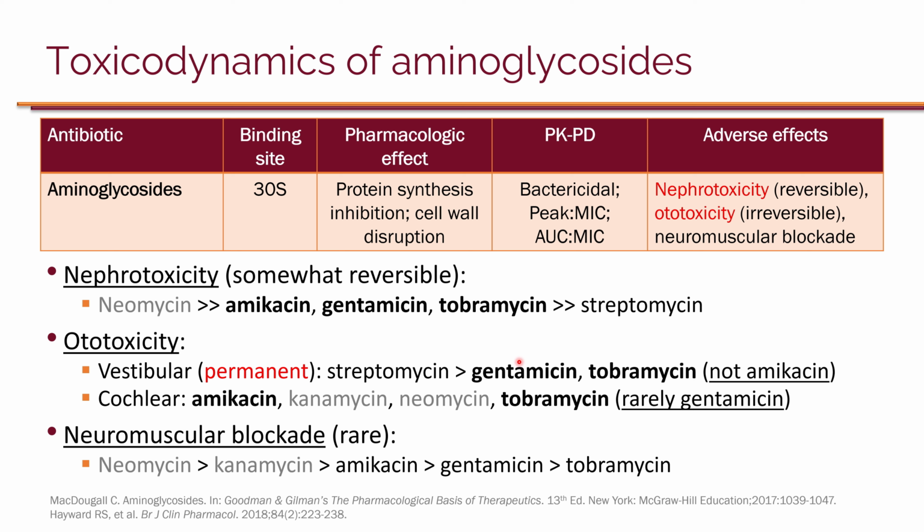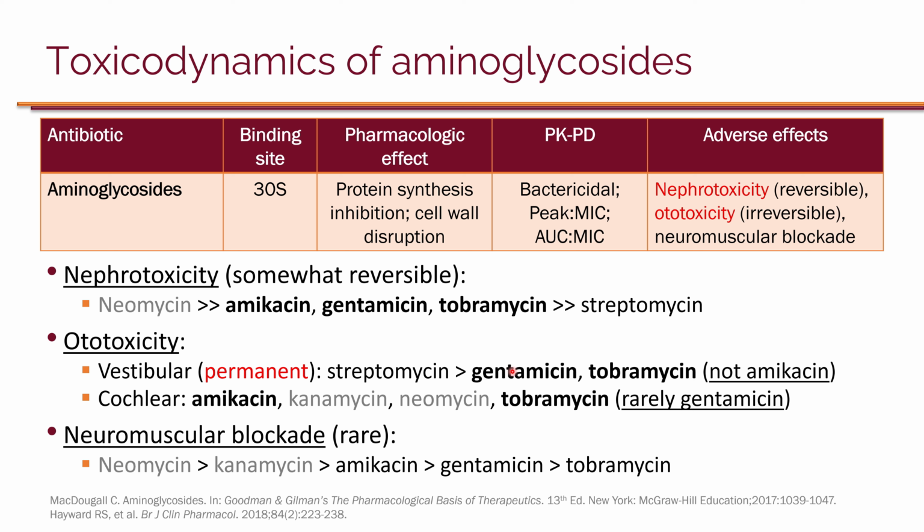Next, we have ototoxicity, and we can think of ototoxicity in two subcategories. One is vestibular toxicity and one is cochlear toxicity. Vestibular toxicity essentially leads to dizziness, ataxia, and nystagmus, and especially with IV or parenteral use, patients typically develop acute bilateral vestibular loss, and these patients will be unable to stand unaided.